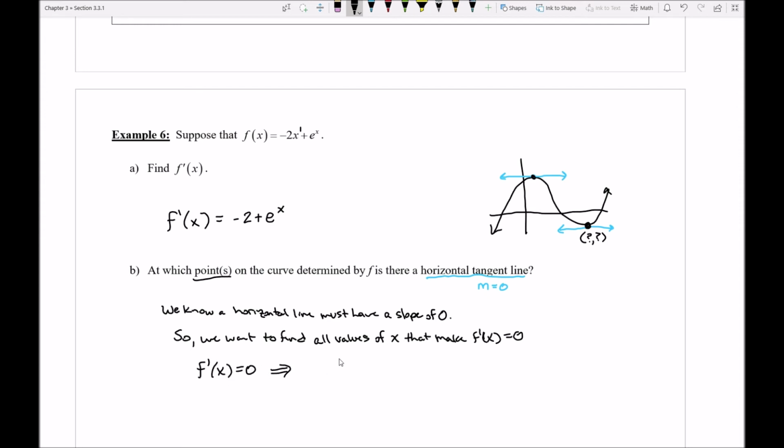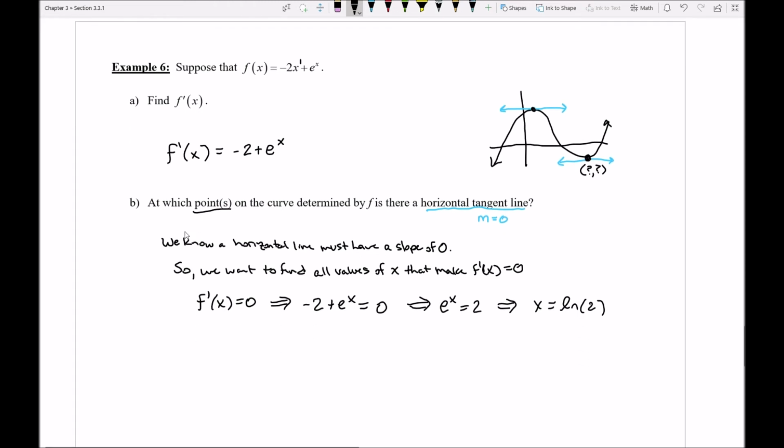Now the only way that could happen is if negative 2 plus e to the x turned into 0, right? Like if there was a value of x that made this work. But of course, I could start to solve for x here by adding 2 to the other side, and then by taking the natural log of both sides, I could see that if x is equal to the natural log of 2, then my derivative will have a slope of 0.